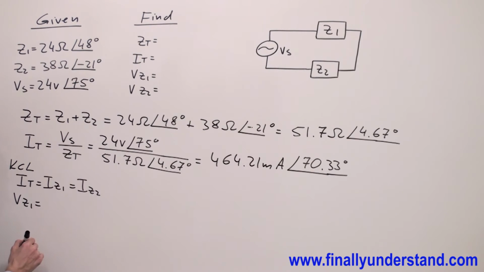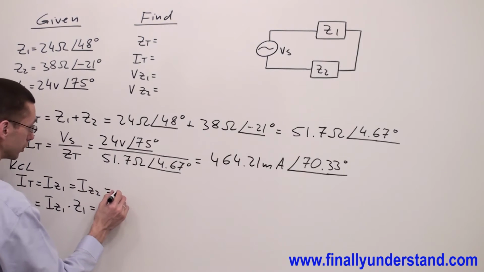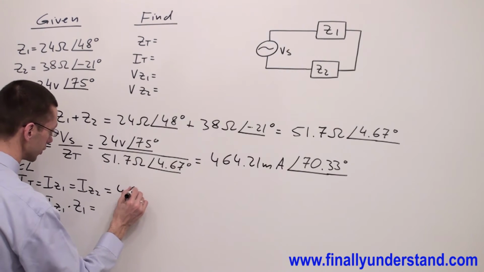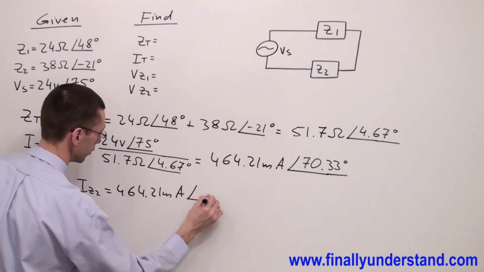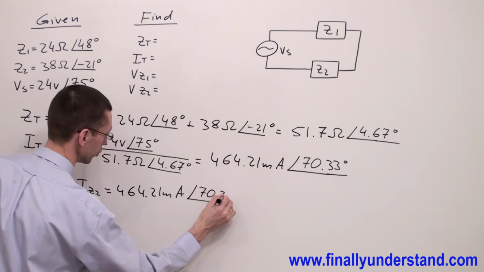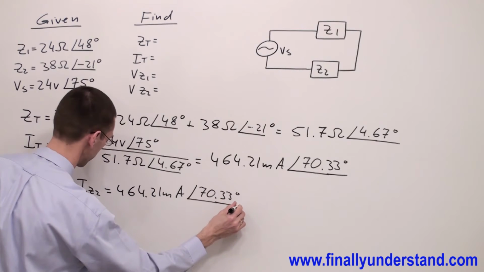VZ1 is equal to I Z1 times Z1, where I Z1 is equal to I total, and we found that I total is equal to 464.21 milliamps and angle of 70.33 degrees.